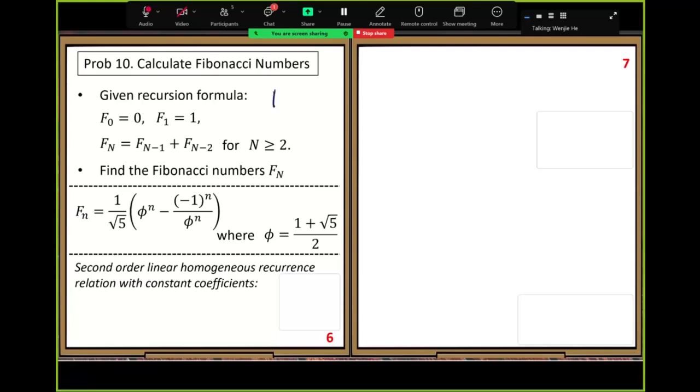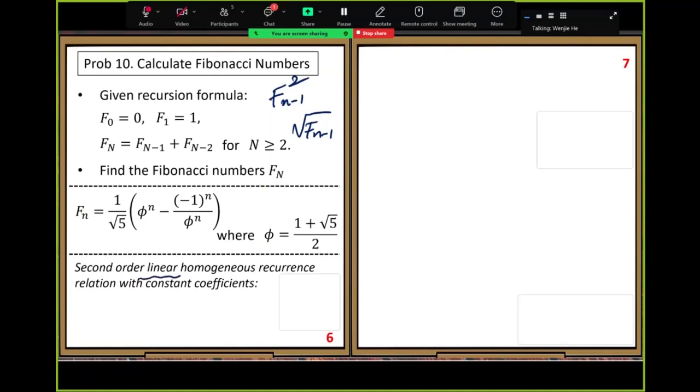For example, f(n-1) squared is a non-linear term, or the root of f(n-1) is a non-linear term. So we do not have any non-linear term. Linear term, the simplest form. So that's the linear.